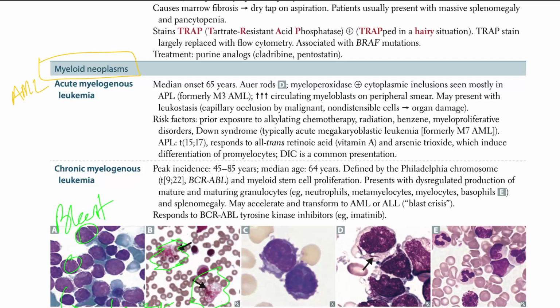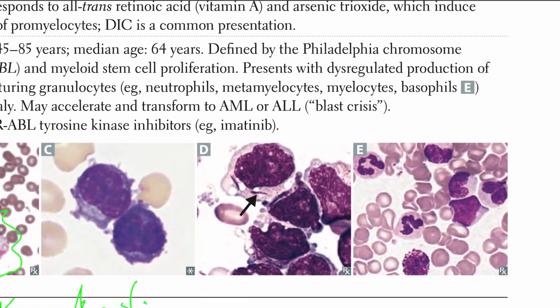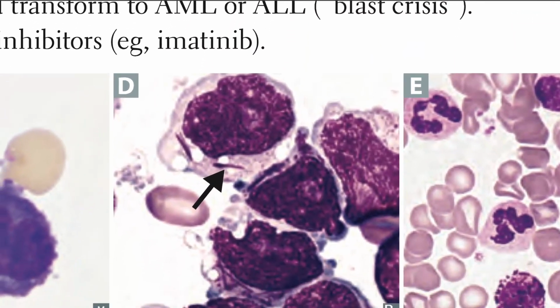The median onset, again, you can just think of as old adult, 65 years is the median onset. You have very important Auer rods. Looking at picture D, we have the Auer rods. What are the Auer rods? Look at this picture here.